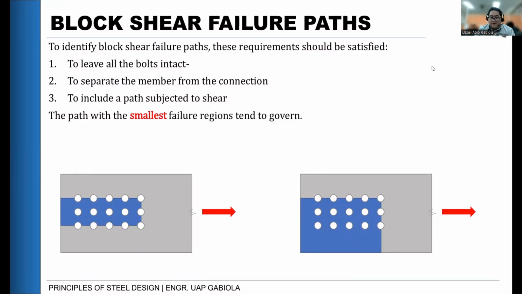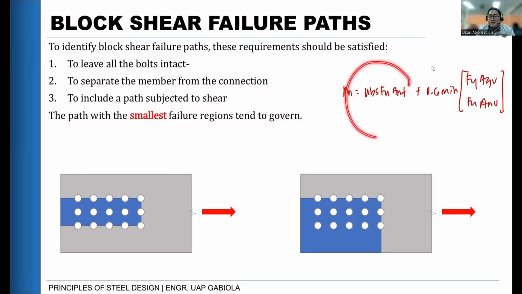So we need to remember yung formula natin, ano? So we have yung Rn is equals to UBS FU ANT plus 0.6 minimum of FY AGV or FU ANV. Okay? So pwede dito kayo mag-base. Okay? When we look at the first equation, the first term, it deals with the tension part.